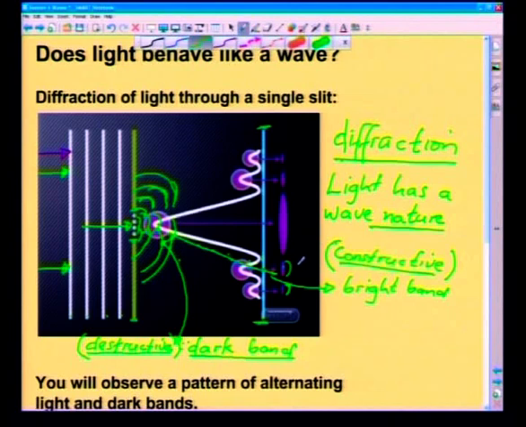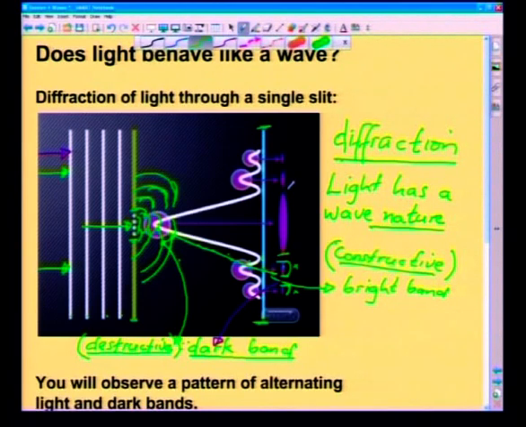In between this bright band and that bright band is that black band, our dark band. I have written that dark band there. That will be as a result of destructive interference. The same thing would hold for that point there, where we again have a dark band, a result of destructive interference.